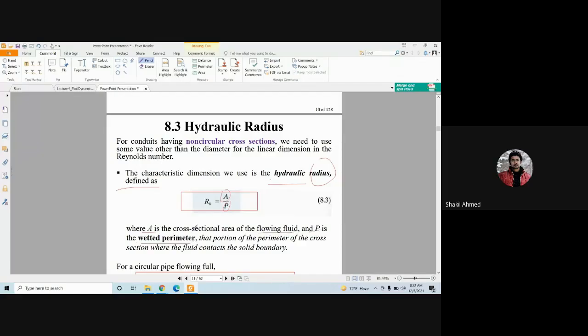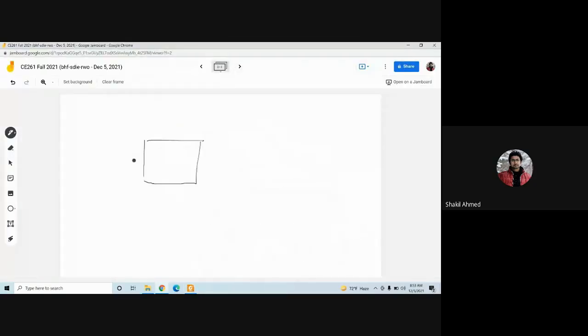That is called the hydraulic radius. Let's say the water level is here, then this is the cross-sectional area A, divided by P. What is P?